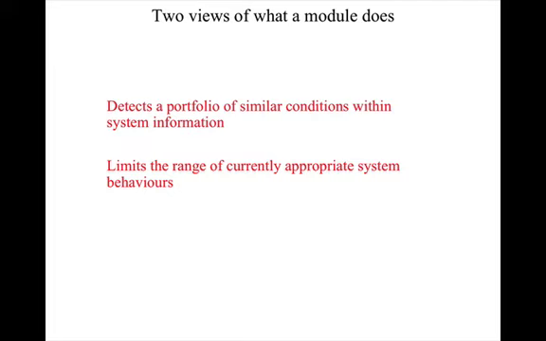So a module detects conditions, but its function can also be interpreted as indicating something about which behaviours are currently appropriate and which are inappropriate. These information and behavioural meanings are essentially two sides of the same coin.